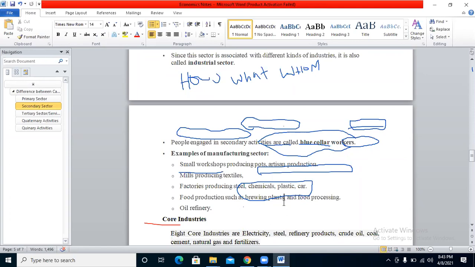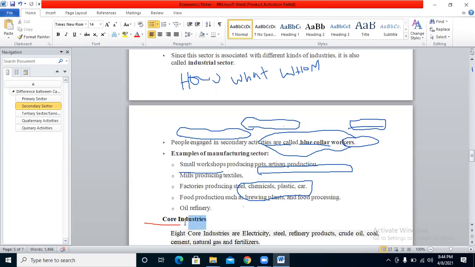But once you are getting the natural resource directly, like water, and storing that water in the dam, that part is your primary part. And producing the electricity after that would be secondary. Once you generate the electricity, that is your secondary part. Yes, sir. Okay, fine.